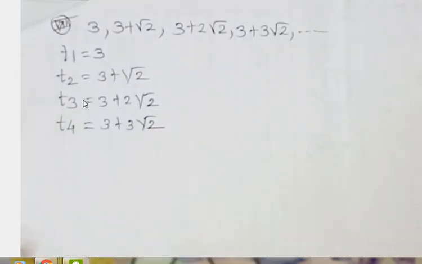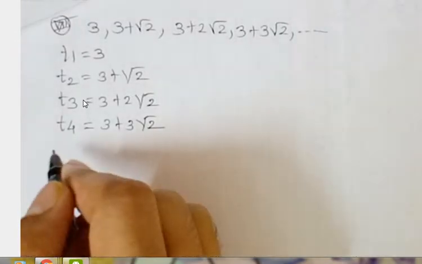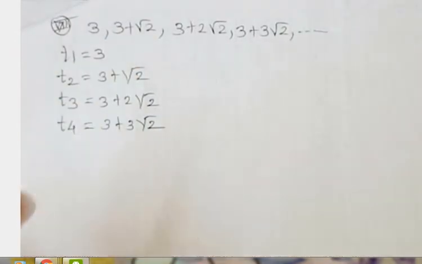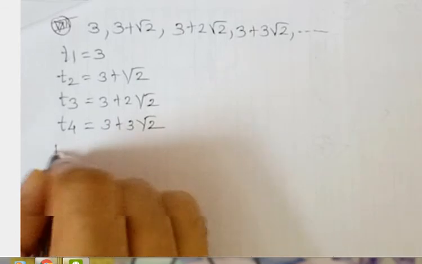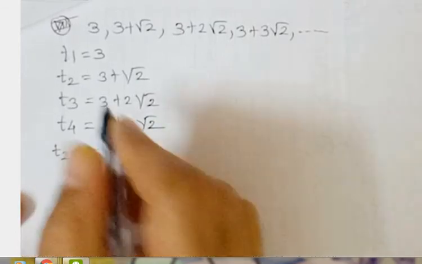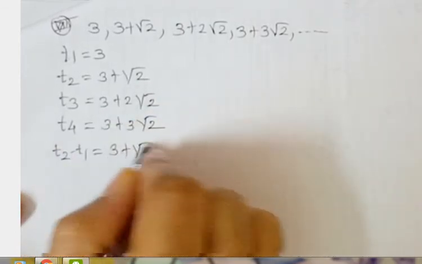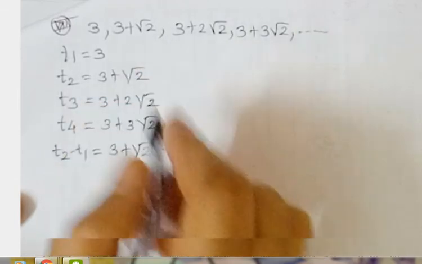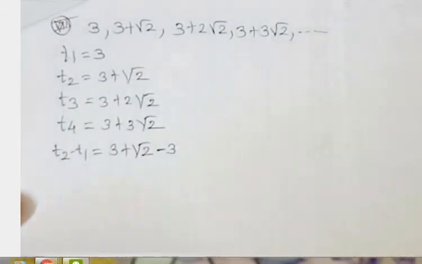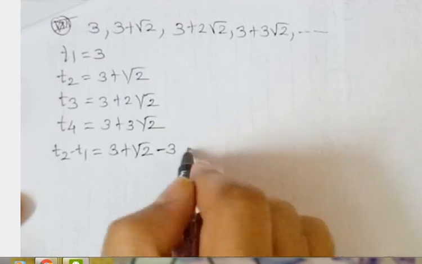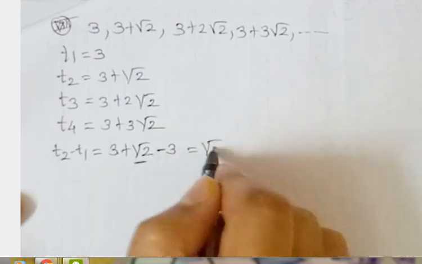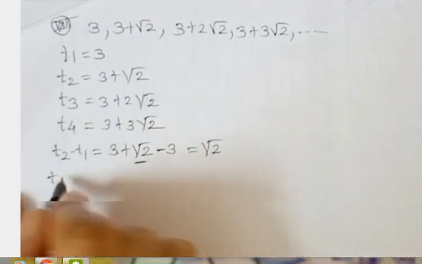Okay, t5 is 3 plus 4 root 2 in this way and so on. We have to find the difference between two consecutive terms, that is t2 minus t1. t2 is 3 plus root 2 minus t1 is 3. Now see here 3 minus 3 is 0 and remaining is root 2.